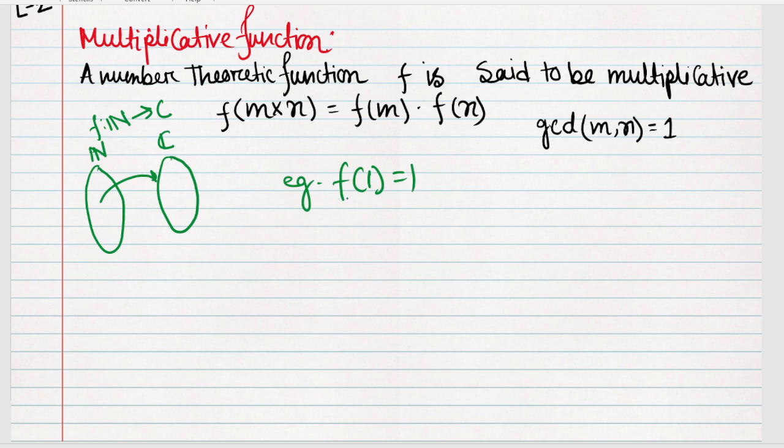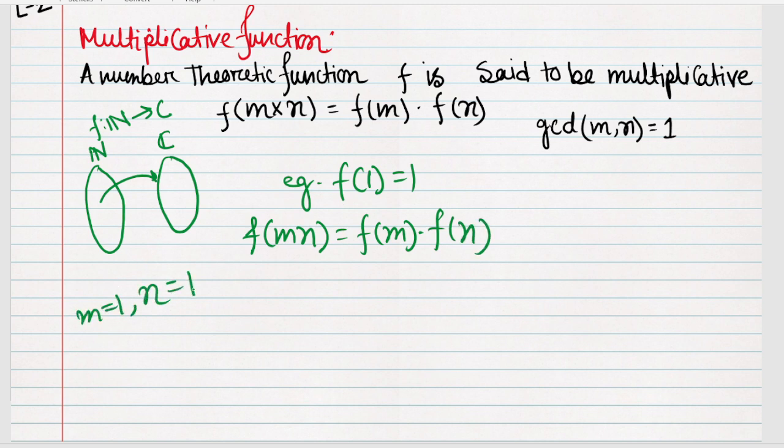So if we take another example, say m equals, suppose, as per the multiplicative function definition, that f of mn equals f of m dot f of n. So if we have m equals 1 and n equals 1, then what can we say? How can we justify that f of mn equals f of m dot f of n?